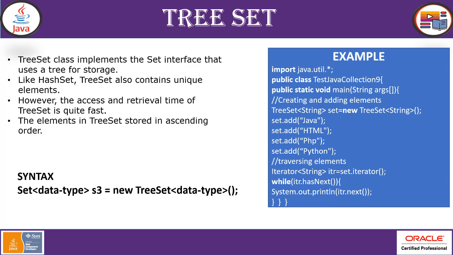That's the only difference in the code, but internally it works faster. So if you have a large amount of data, you can use your TreeSet. So based on the requirement, where we need null permission, or we need unique elements, or we need fast access and retrieval time, in those places we use TreeSet.